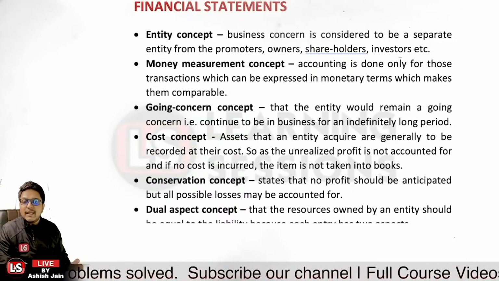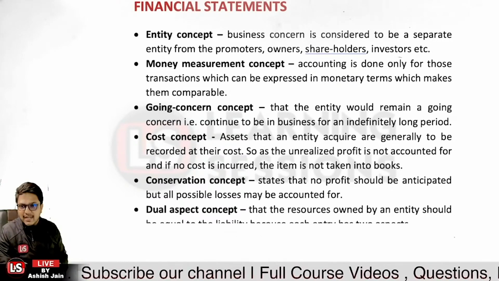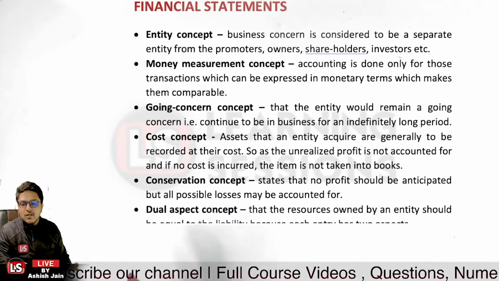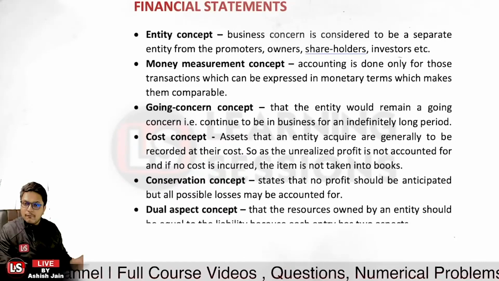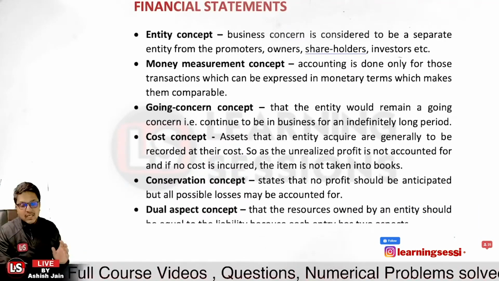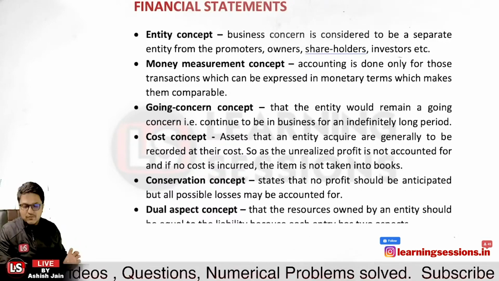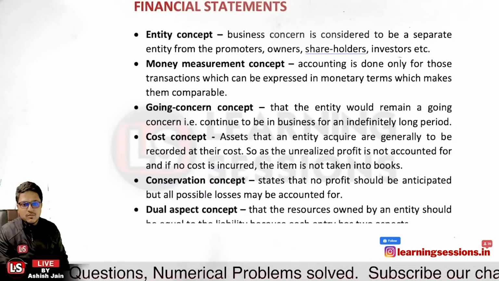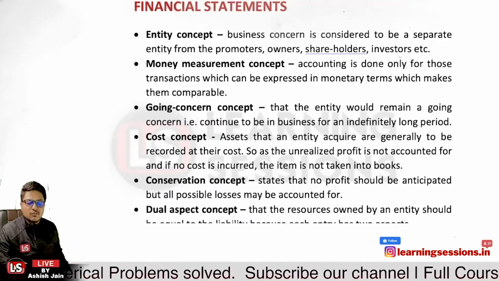Now this is basically an anticipation that you will be receiving rupees 2 lakh on completion of the order. It's just an anticipation. You are not yet the rightful owner to receive rupees 2 lakh right now. So that profit is not to be accounted for. But if there are any anticipated losses, those must be booked. If you have anticipated profits, those are not to be accounted for. That is basically the conservatism concept.